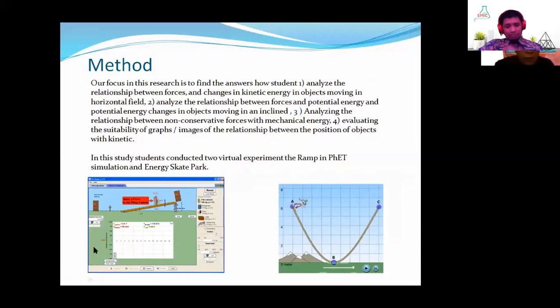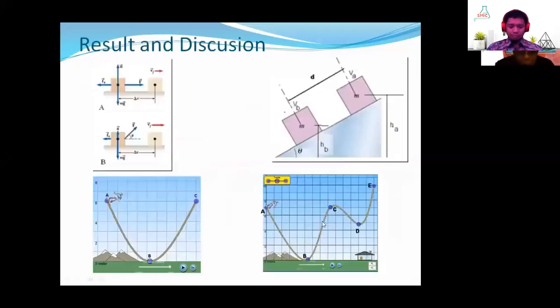In the ramp, students can manipulate all the variables using PhET. In the second, students play the game and demonstrate kinetic and potential energy at each position, for example at A, B, and C.